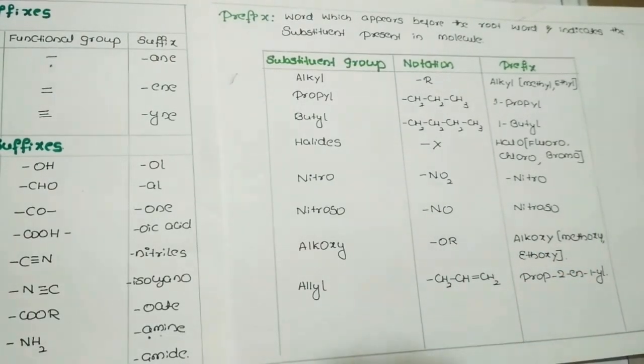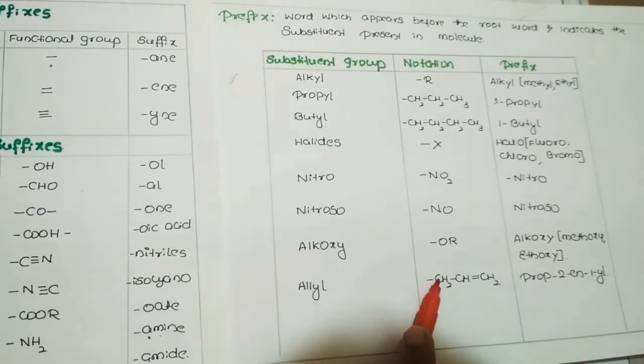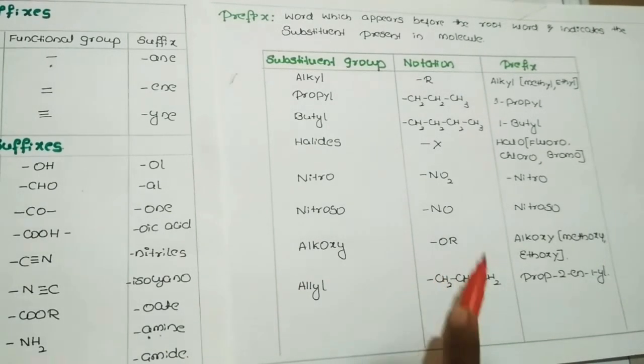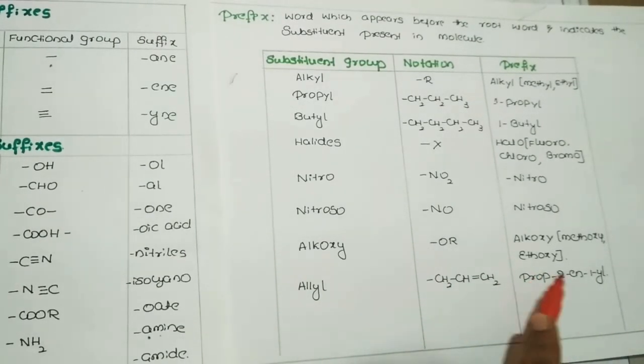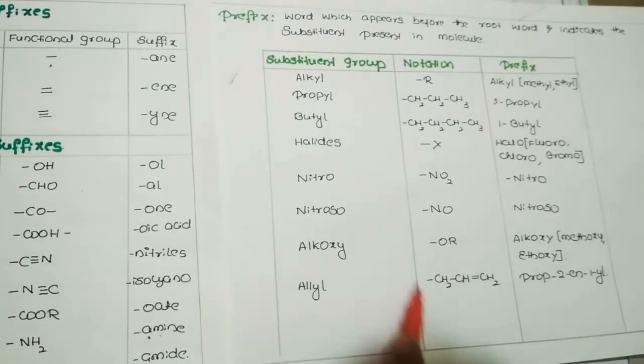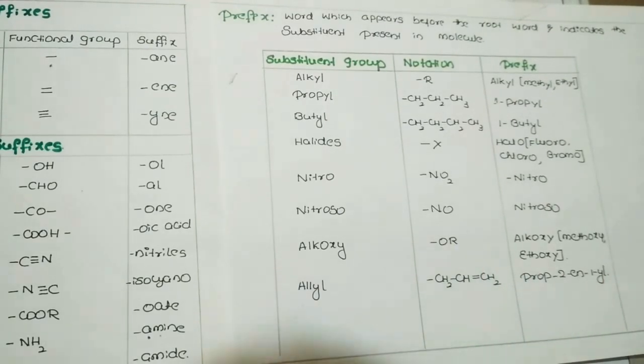Allyl is what we will call it, and a double bond will be there. The hybridization of this carbon is sp3, and this carbon is bonded to the sp2 hybridized carbon atom. That's why it is called allyl. So prop-2-enyl. This is how they have given prop-2-enyl, and we will learn that in the rules of nomenclature.